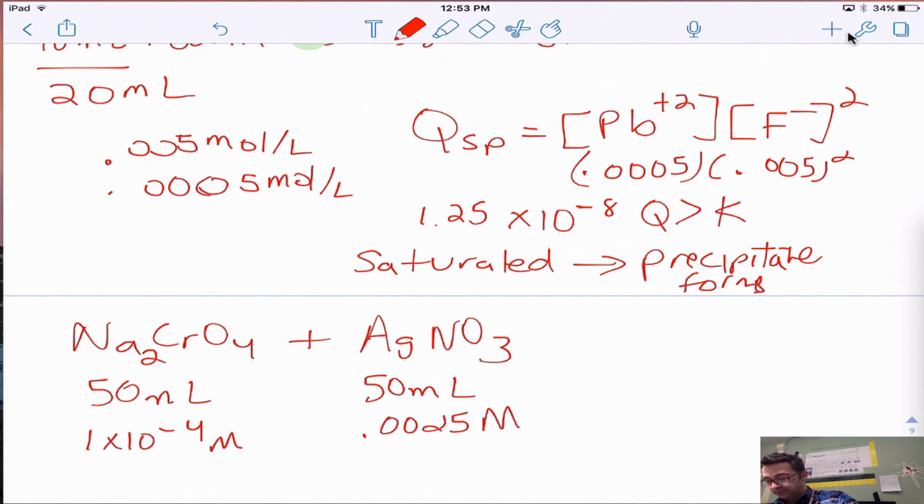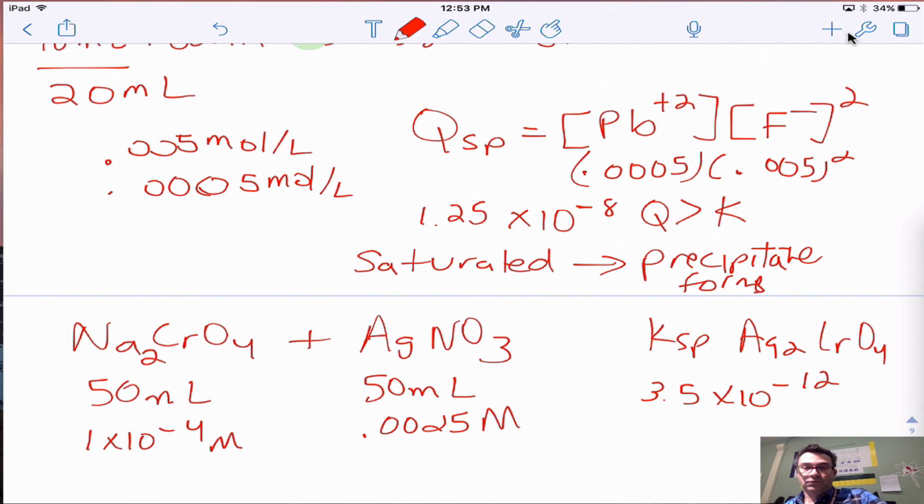Let's say that I give you the Ksp for Ag₂CrO₄ is 3.5 times 10 to the negative 12. So will a precipitate form? Try the problem, see what you come up with, and we'll talk about it in class.